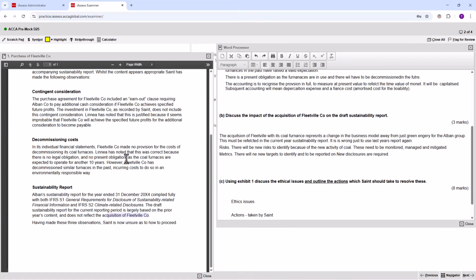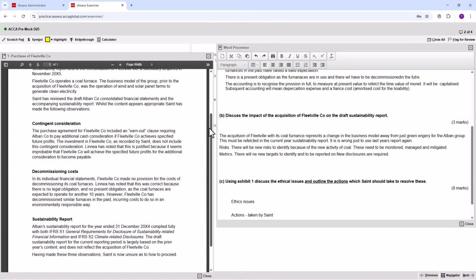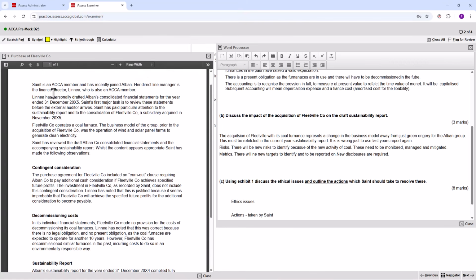One of the things that I want to do to start with is to pick up on the fact that everybody is an ACCA member. We're going to be ultimately helping Saint, who is the new person, the junior person. So they have a slightly tricky situation because they're going to have to call out their boss for what they've done. But I'll come on to that in a minute.